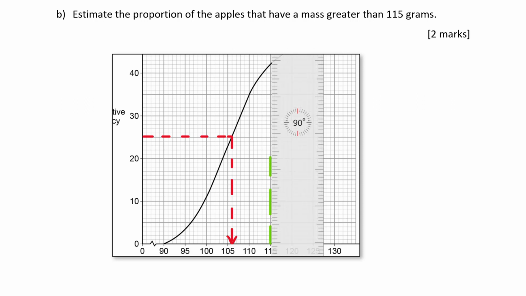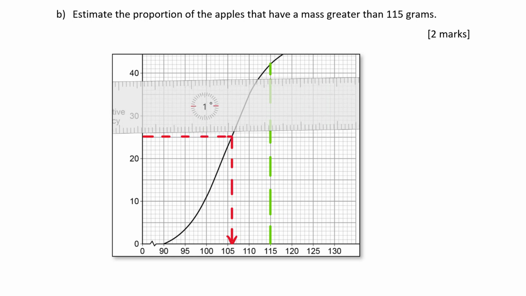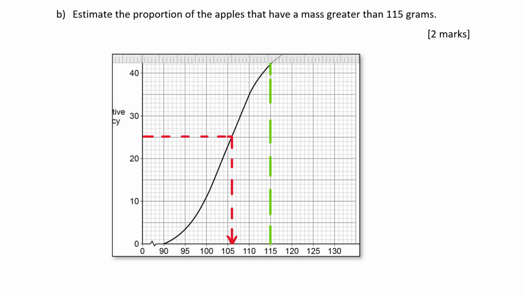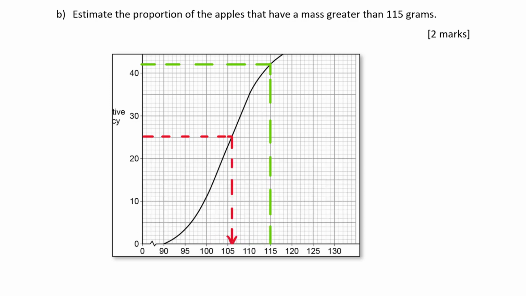So reading up from 115 up to the curve, switch directions, and then read over to the cumulative frequency scale. You can see that ends up there. Go away, ruler. So what's this scale? I've got 10 little squares between 40 and 50, so again each one must be 1. So I'm reading that as 42.